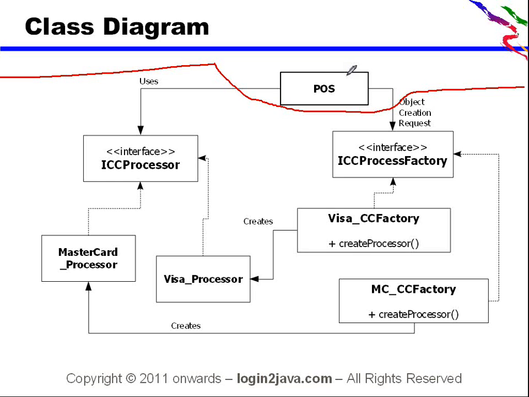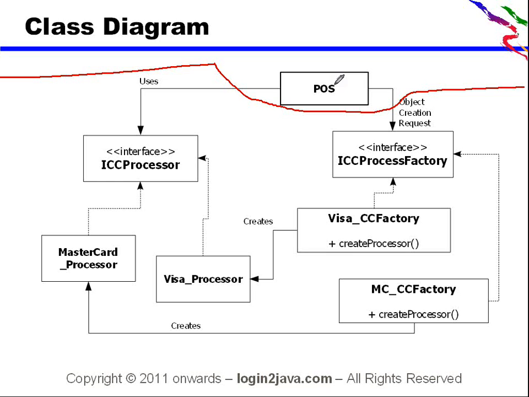POS terminal, when you put a credit card in the POS terminal, it will read the configuration out of the credit card. When the POS actually reads the configuration information, this information tells the POS what credit card transaction it is to process.